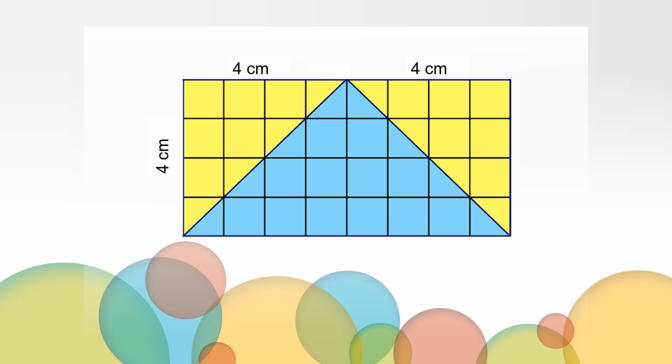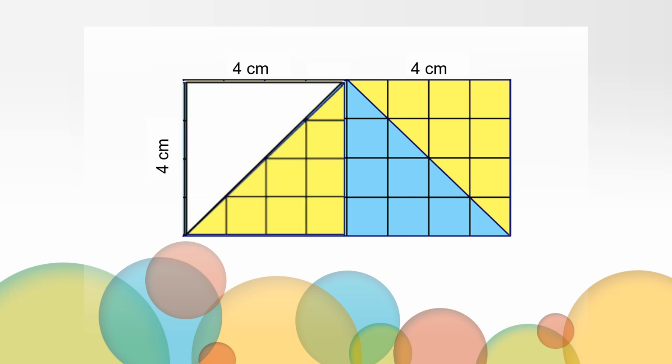I can move or reflect the yellow triangle on the left side onto the blue triangle. The yellow triangle completely covers half of the blue triangle. The dimensions have not changed. Each side length is still 4 centimeters. Now I can take the yellow triangle on the right side and reflect it or move it into the remaining blue section.